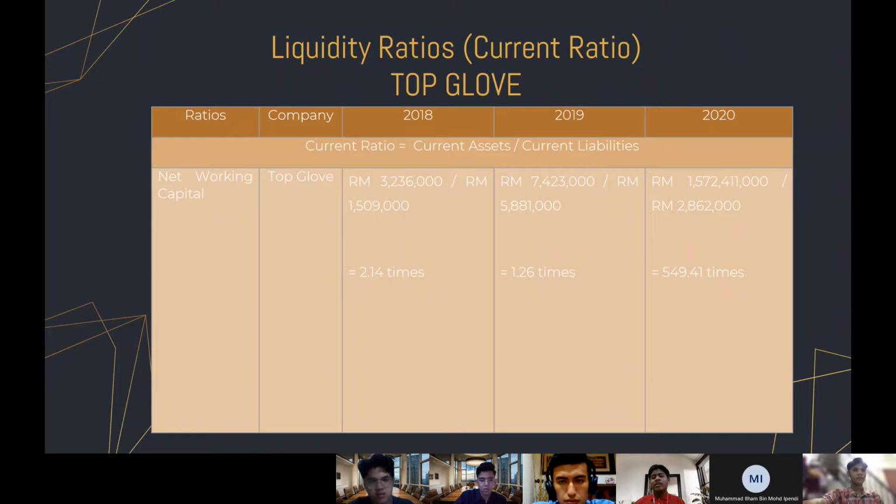That means for 1 ringgit of current liability, the company has 549.41 ringgit to settle the current liability.